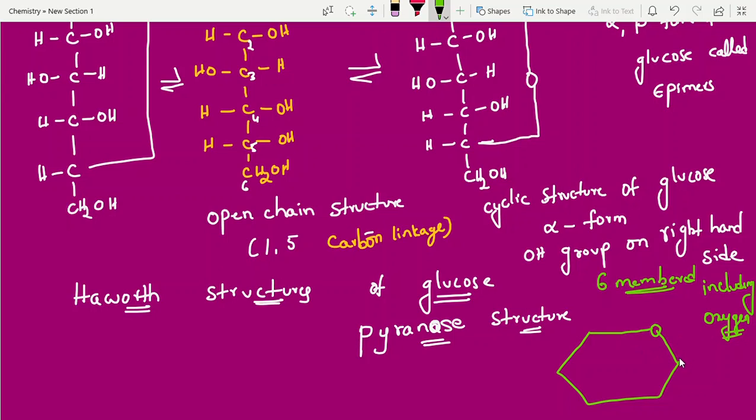So this is 1, 2, 3, 4, 5, 6. Can we write now? So first carbon, look into this one. Alpha form, OH is right hand side, OH down, H up. And second carbon, OH down, H up. Okay. Next, third carbon.